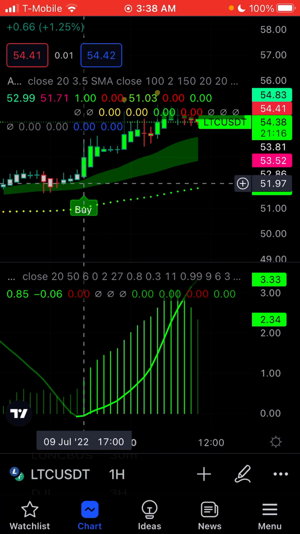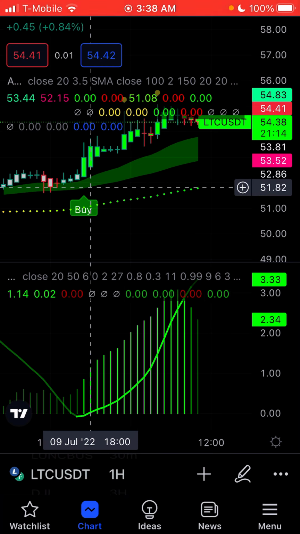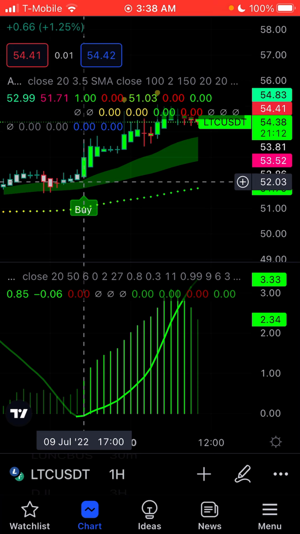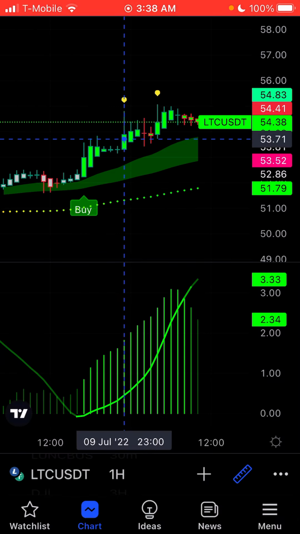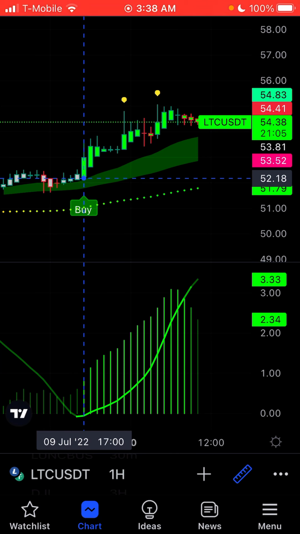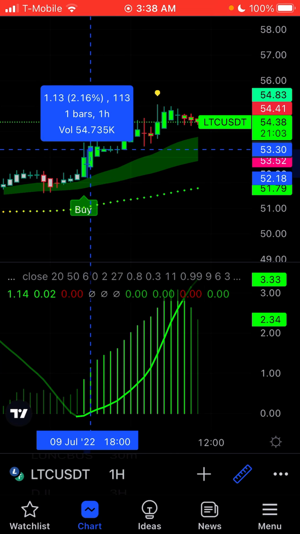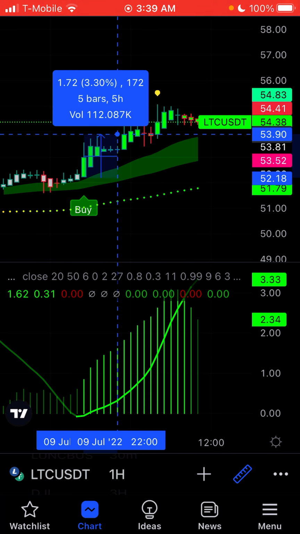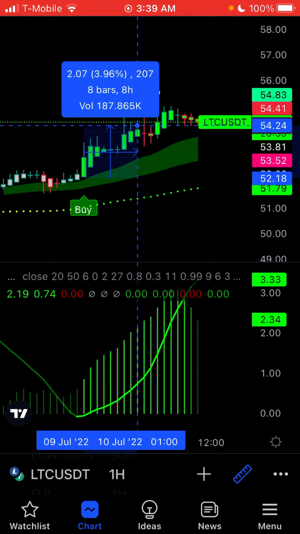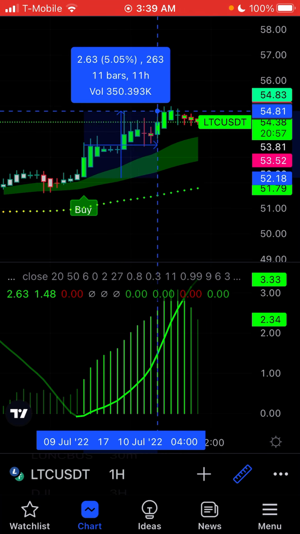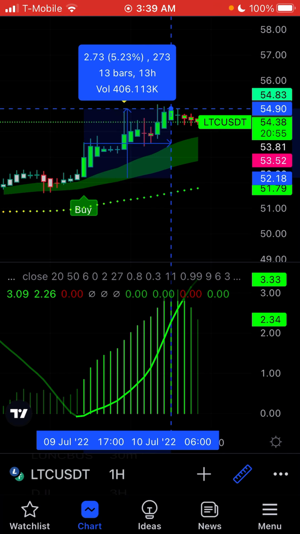You notice that where the light green starts down here in the bottom, it stays like that for a little bit, so you might be able to catch moments where the coin's going up. From this moment, you could have caught a 5% right there.